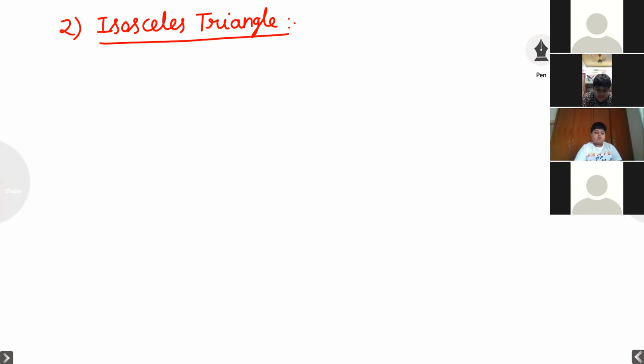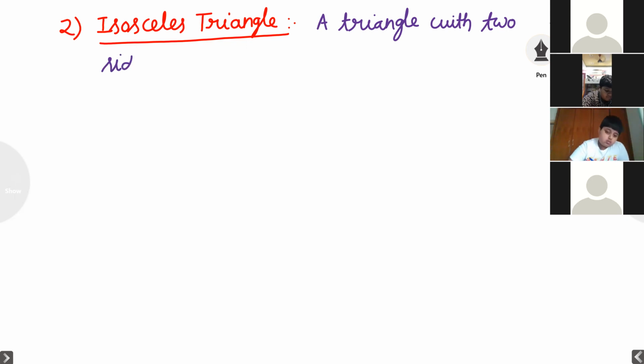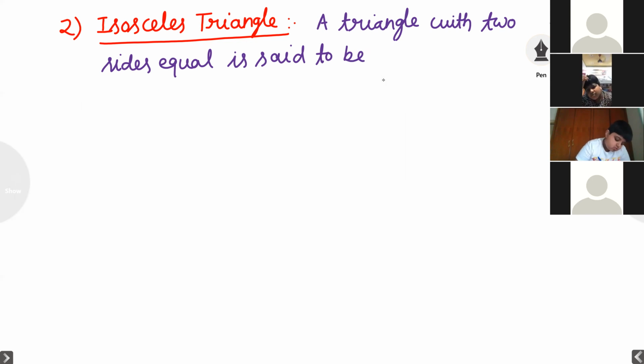A triangle with two sides equal is said to be an isosceles triangle.